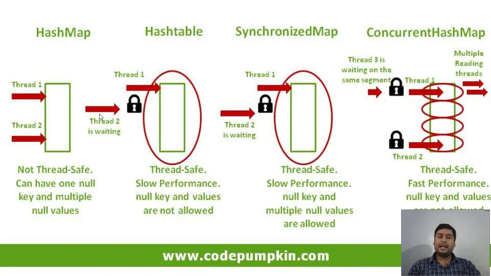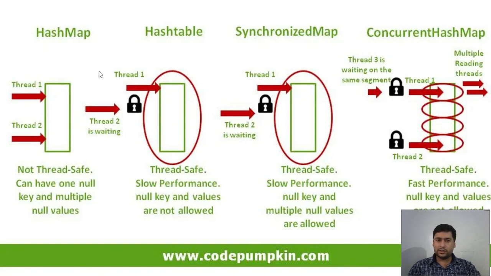After that, to overcome these problems, we came up with the Hashtable. What about Hashtable? Hashtable provides access to the table one thread at a time. Two threads will not directly operate on the entire Hashtable. One by one, threads will operate on it.